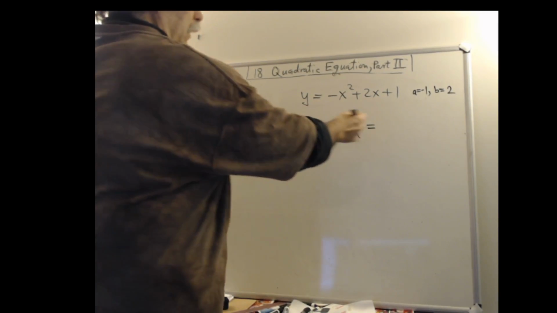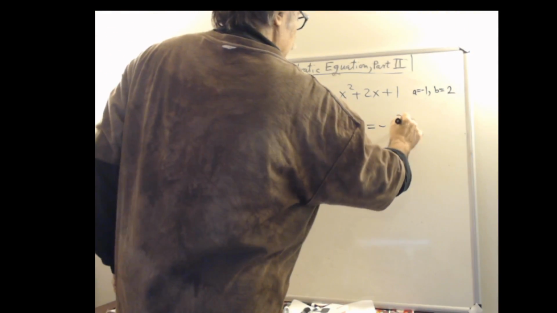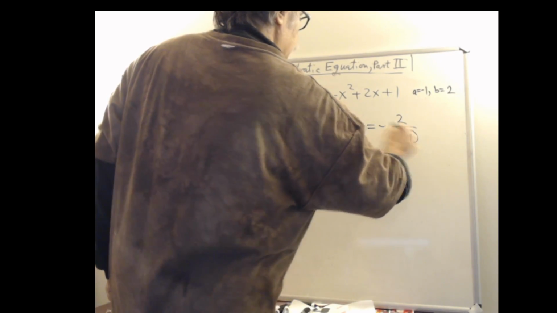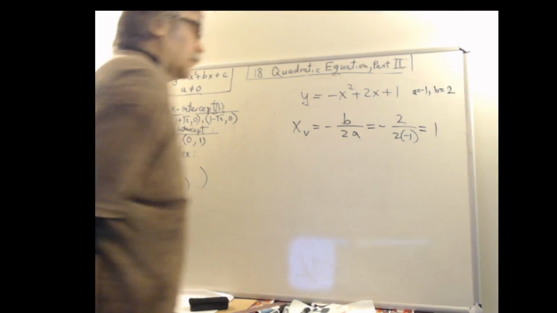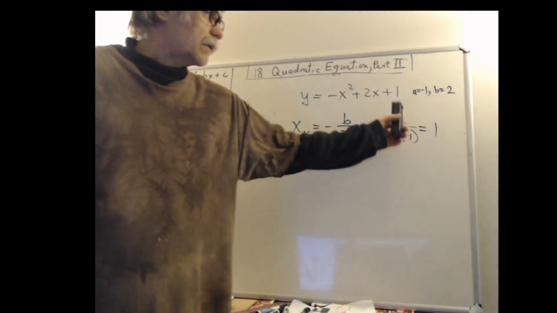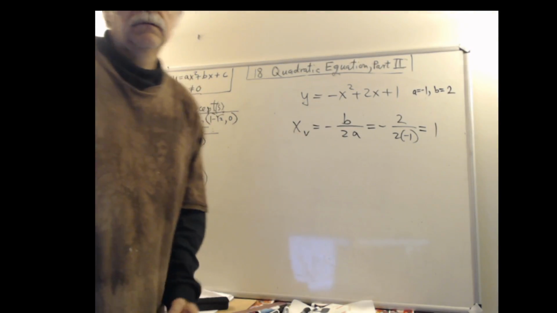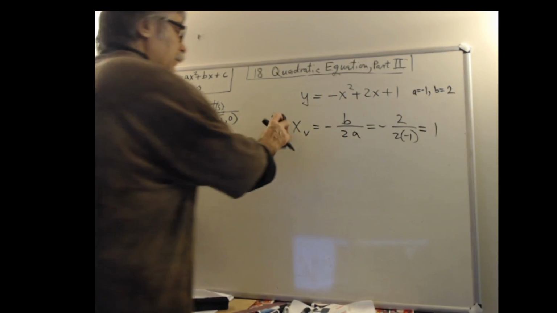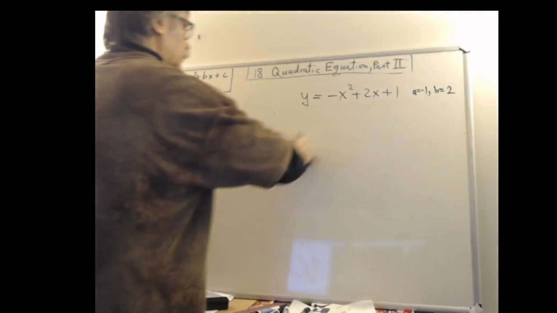So I have negative b over 2 times negative 1 for a, and well, I get 1 again. It's negative 2 divided by negative 2. So the x of the vertex is 1.